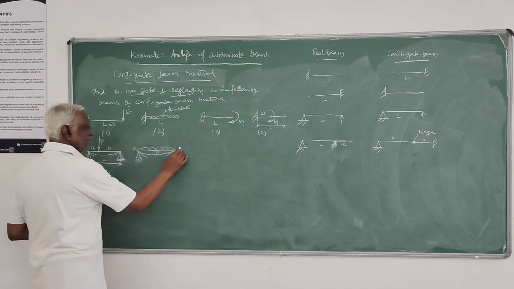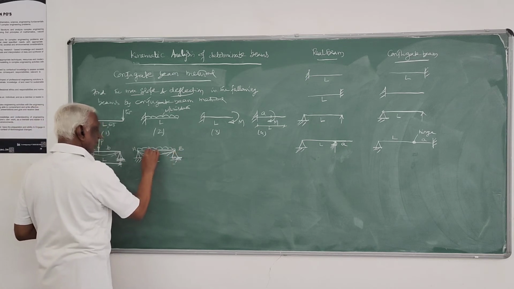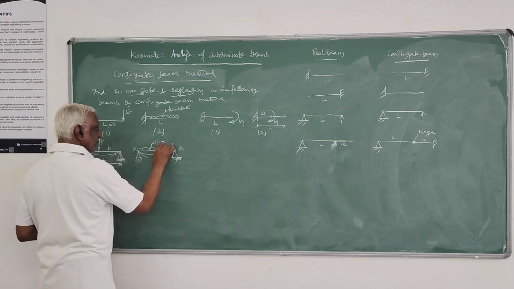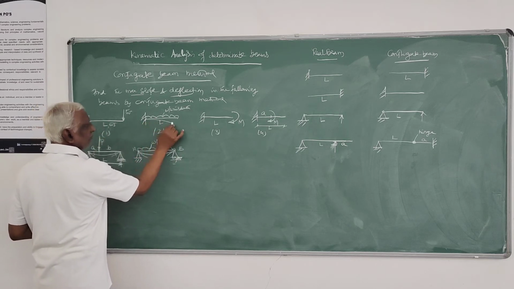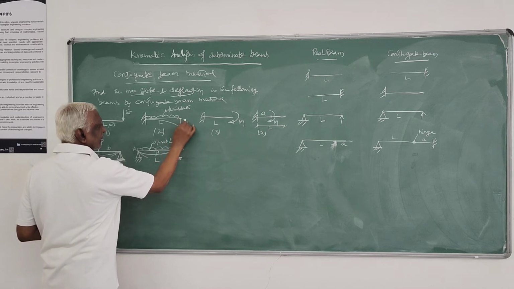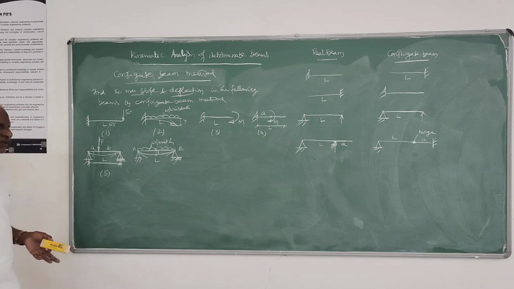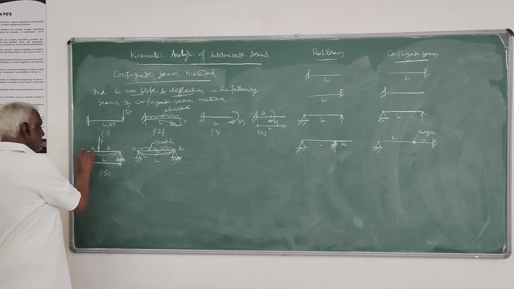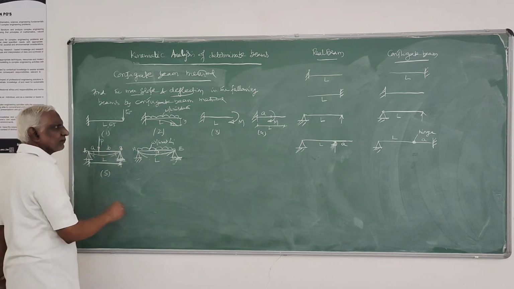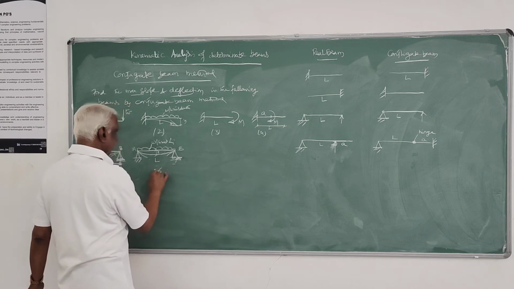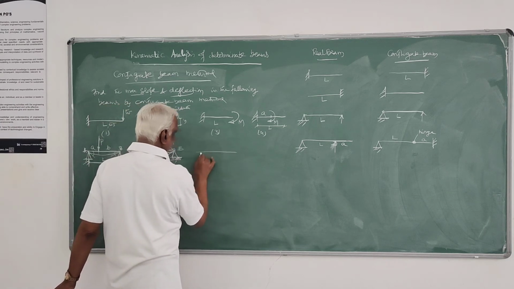This A, B, L, this is the unit. Here, maximum slope and deflection, you are going to get for all this cantilever. You can evaluate those points. So this is the 6th problem, 7th problem.